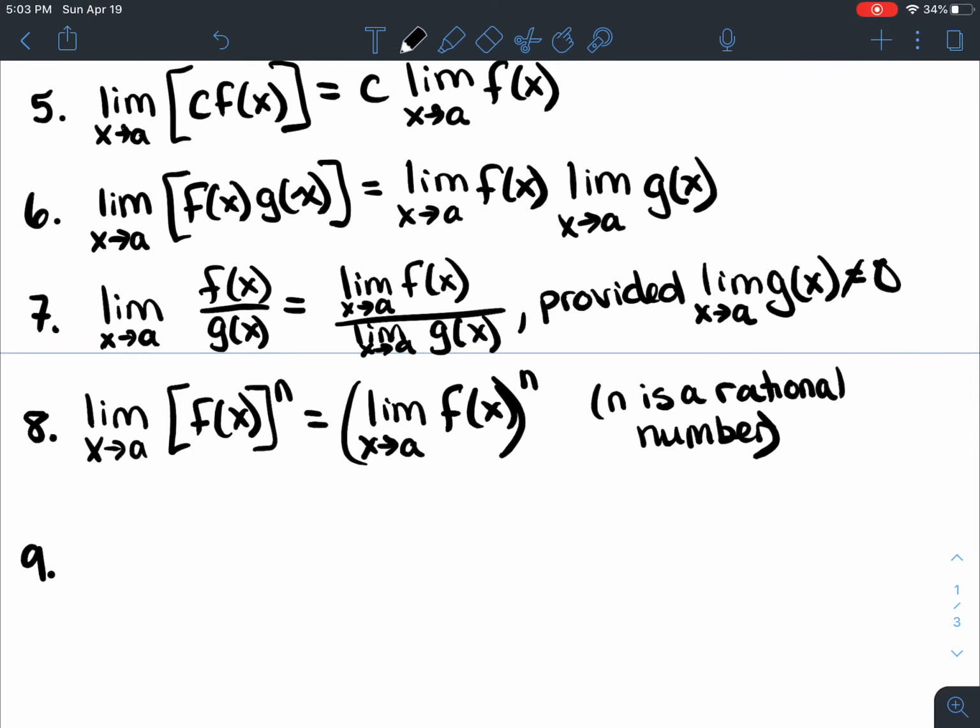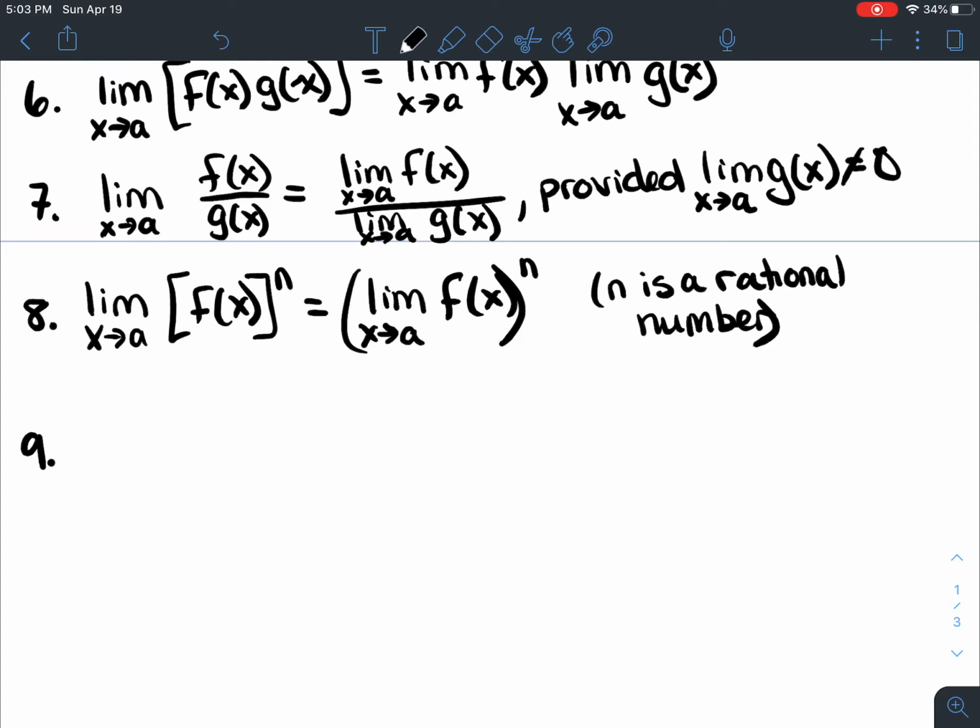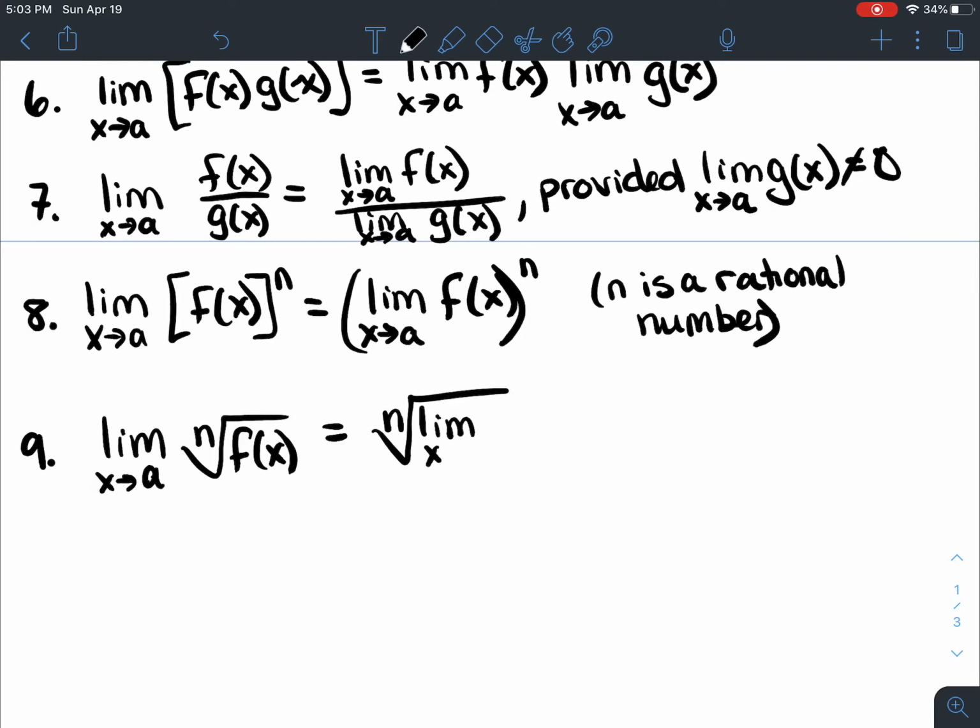Okay, and then finally, the last property, number 9, is with roots. And that one says the limit as x approaches a of the nth root of f of x can be equal to, you can actually root it after. So you can find the limit as x approaches a of the function and then take the root after.